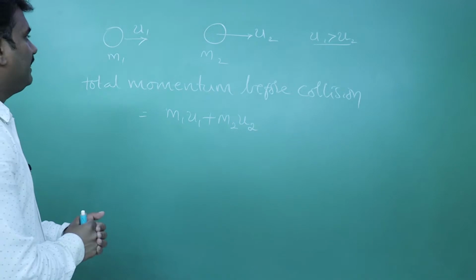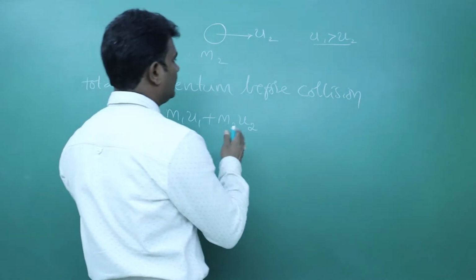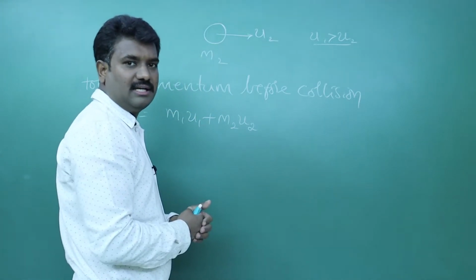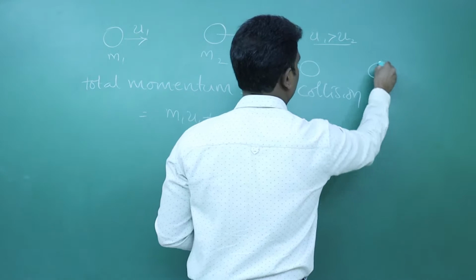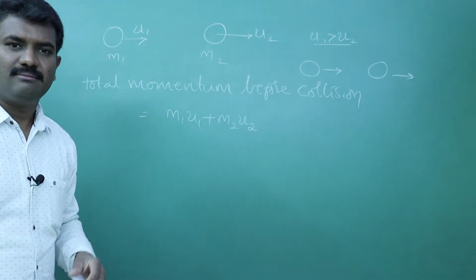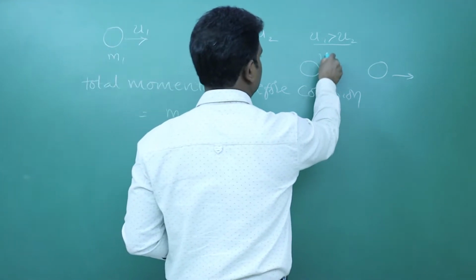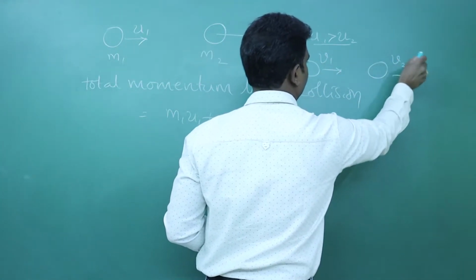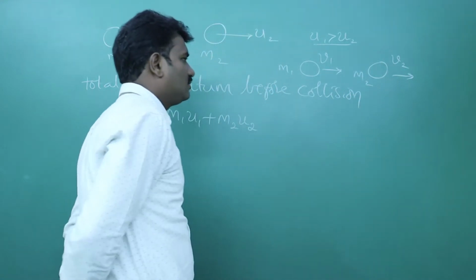Now something happened. It hits the second body and they move apart like this, but their velocities got changed because of this collision. Maybe its velocity is v1 now, and its velocity is v2. Masses are not exchanged, it's m1 and still it is m2 only.